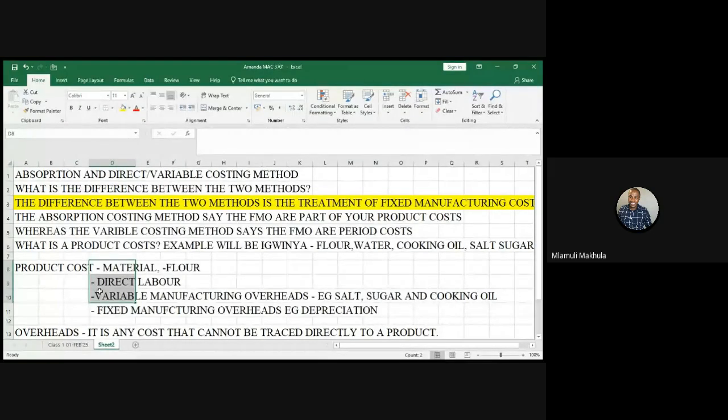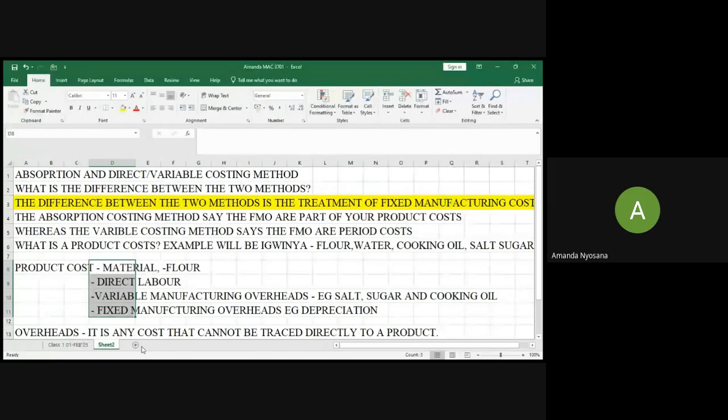However, the absorption costing method says, nope. If you want to value a product correctly, you must include the fixed manufacturing overheads also. This is actually the absorption costing method.